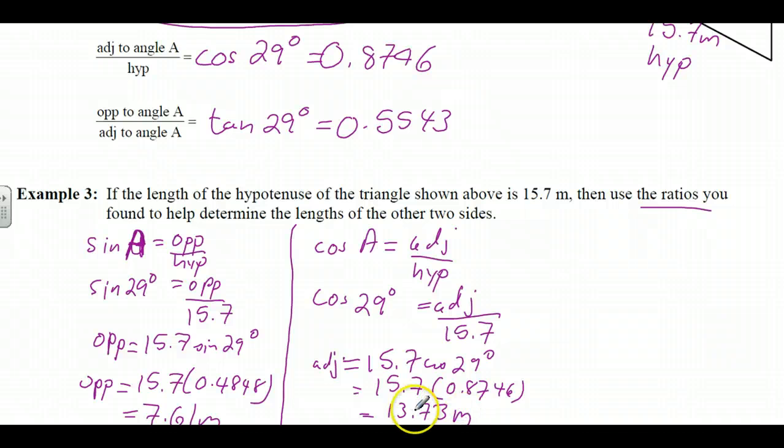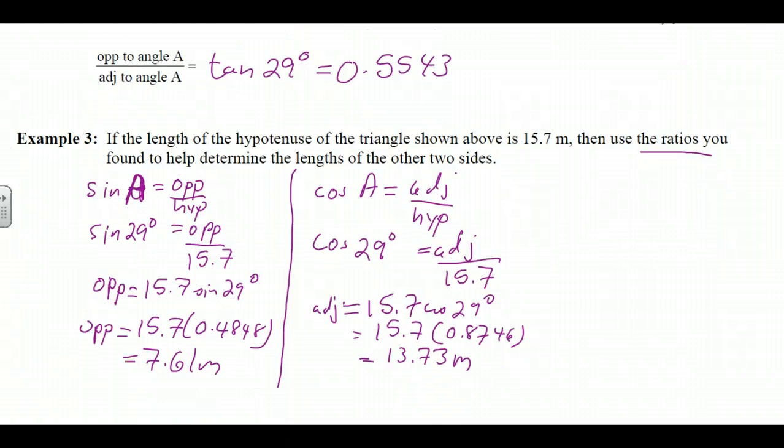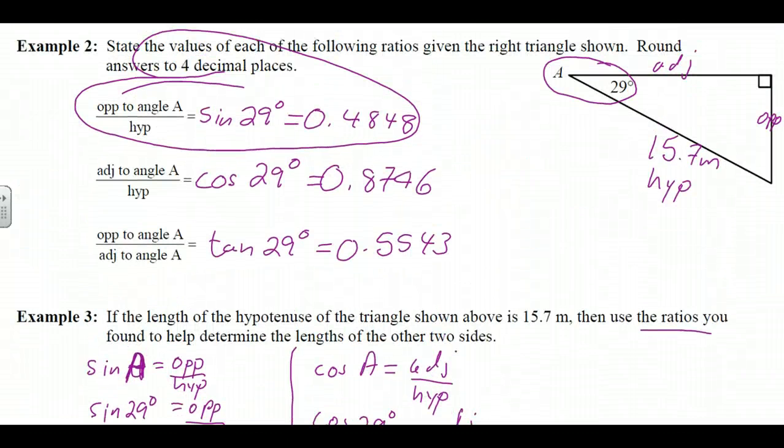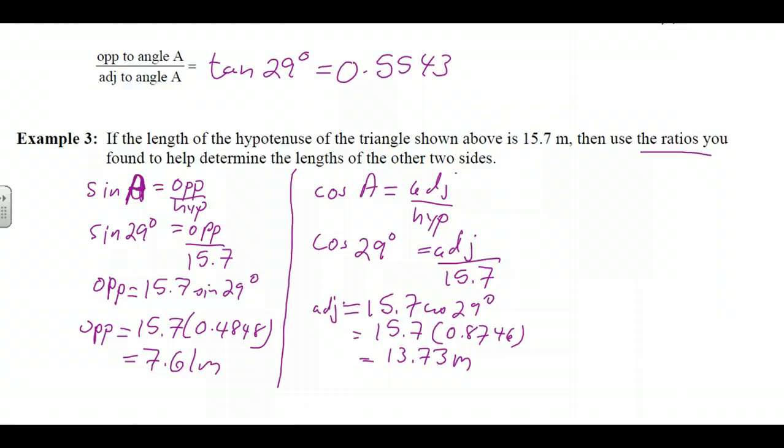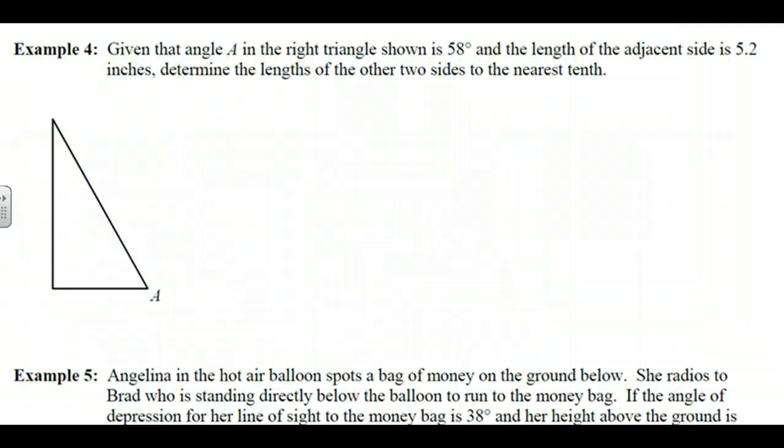So 13.73 meters. Occasionally we'll get triangles where we'll just say this length is 15.7. There won't be units, and then you won't need to write down units. It would just be a length. And here it is. I'll pause if you need to pause and look at that. You can. And we'll move on.